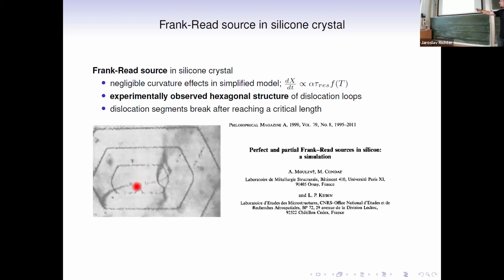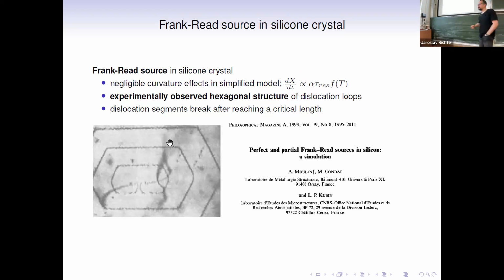They proposed another model, proportional to a function of temperature and resolved shear stress. In such a model, they had very negligible curvature effects. They were able to experimentally measure and observe the hexagonal structure of such a dislocation in silicon crystal.